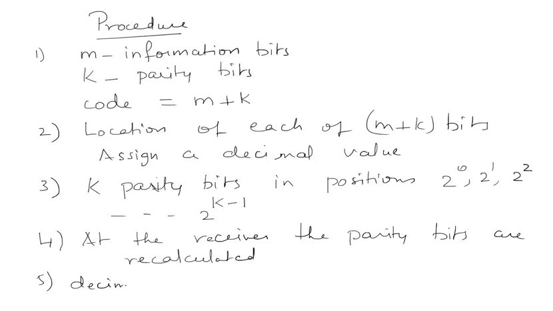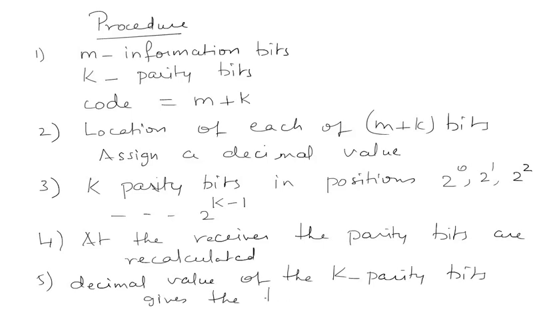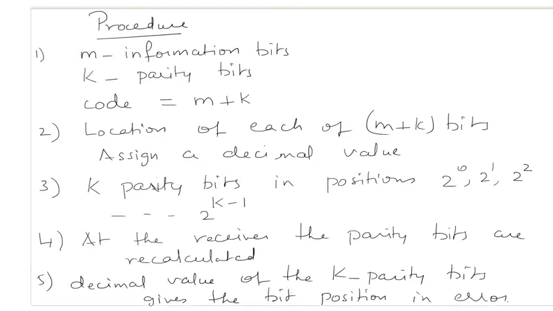That is, the decimal value of the k parity bits gives the bit position which is in error. So these are the steps we have to follow to find which bit has the error.